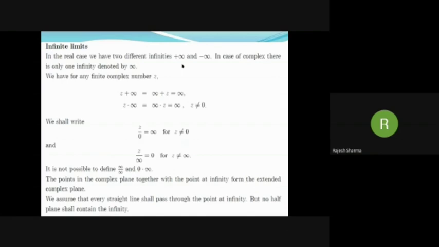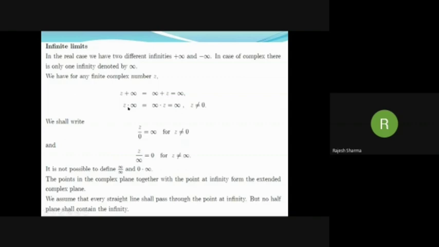We now discuss infinite limits. In the real case, we have an order relation and also two different kinds of infinities, minus infinity and plus infinity. In the complex case, we do not have an order relation and there is only one infinity, denoted by the symbol infinity. For any finite complex number z, z plus infinity is the same as infinity plus z, and this equals infinity.